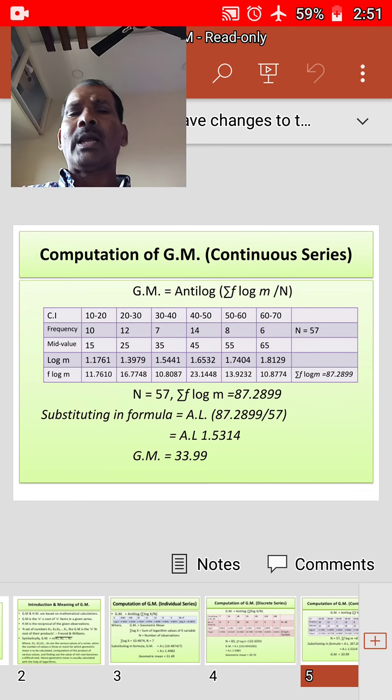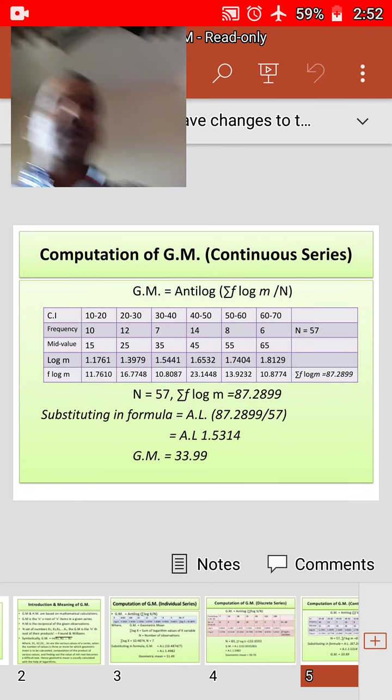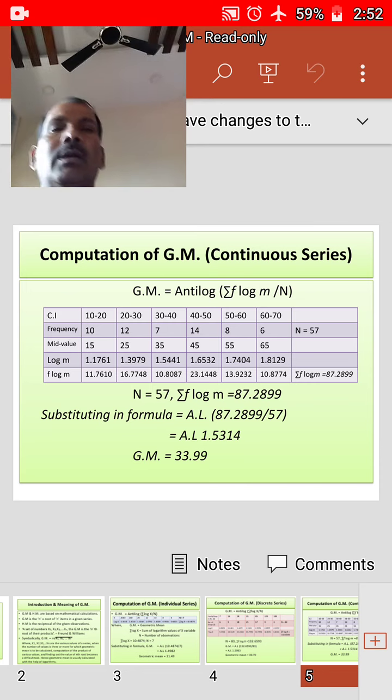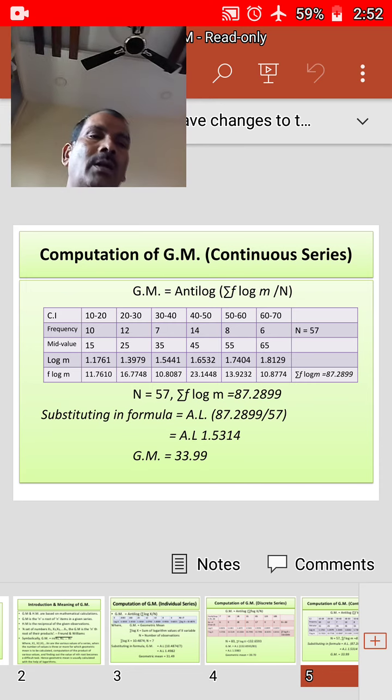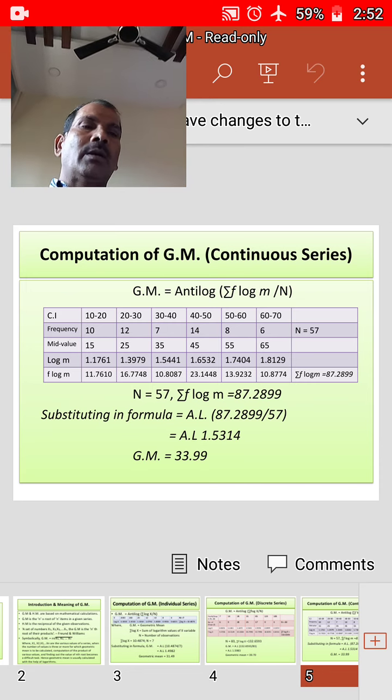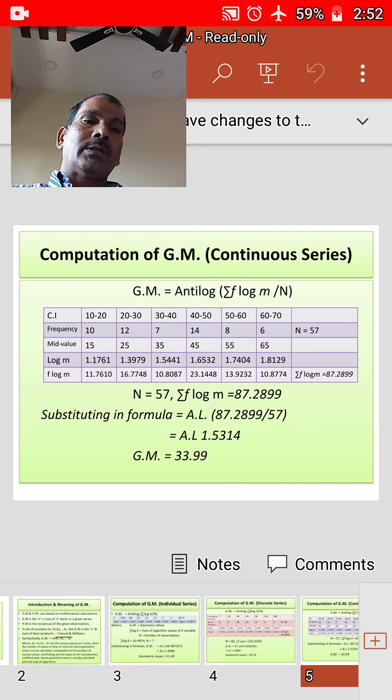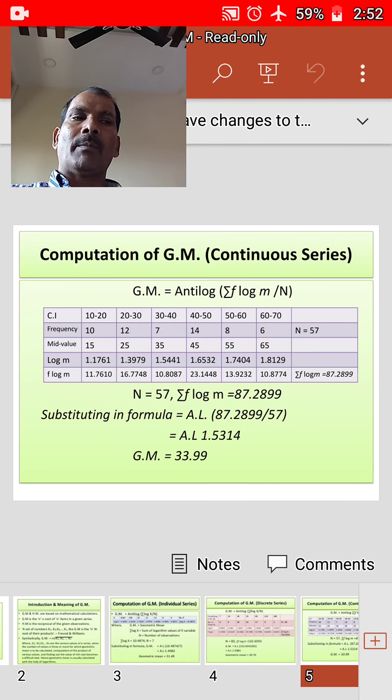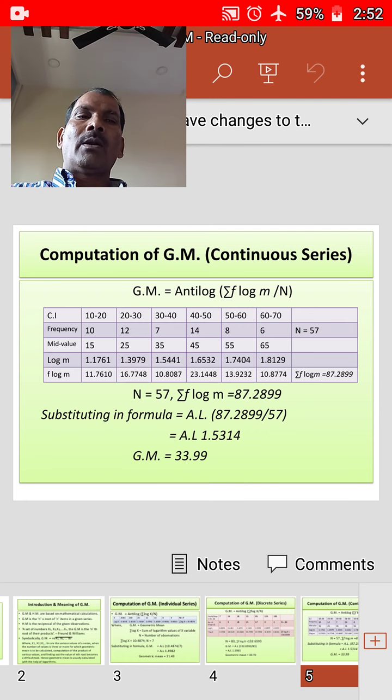Next, computation of continuous series. In continuous series, what are the steps we'll see first? First step is to find the mid values of the classes of the variable and denote them by m. Obtain logarithms for the mid value and denote it by log m.